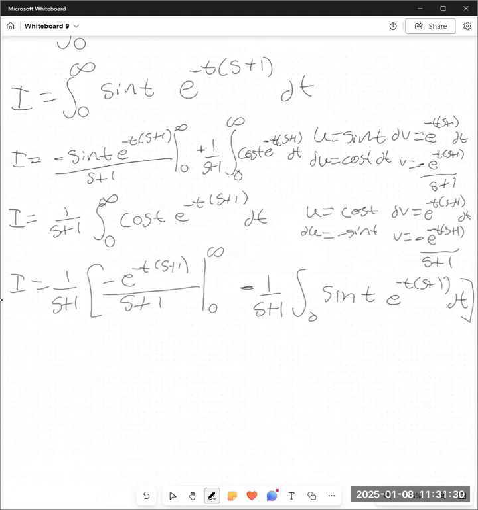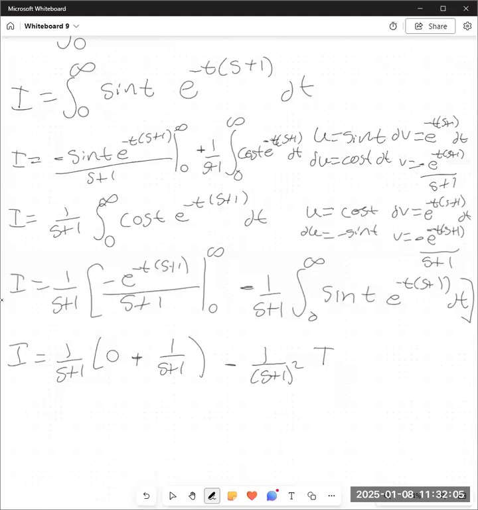So let's go ahead and simplify some things here. When I go to infinity, this is 0. Then that's going to be 1 over s plus 1. And I get minus 1 over s plus 1 squared when I distribute that s plus 1 from the outside in. And then this is my original I right there.